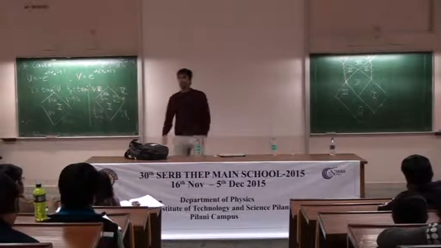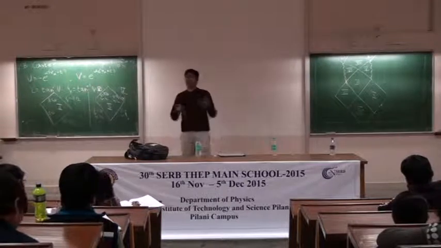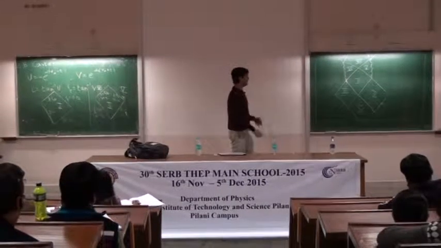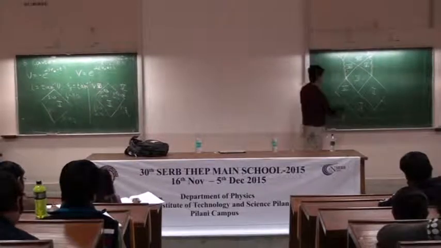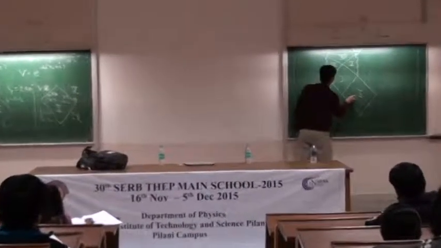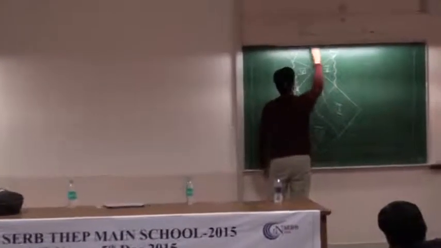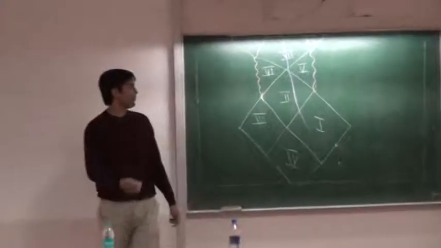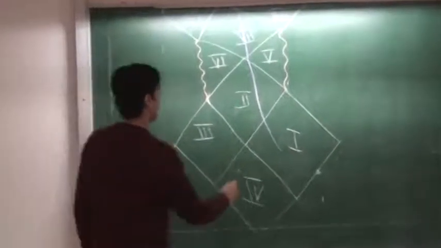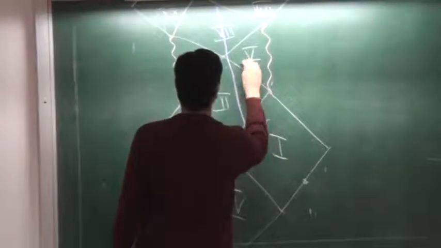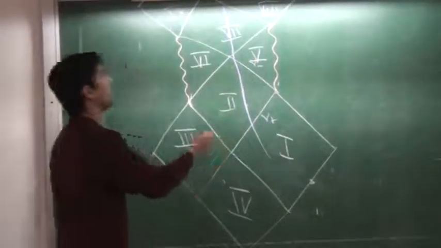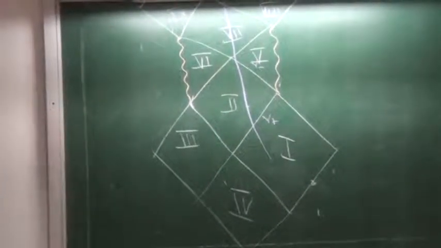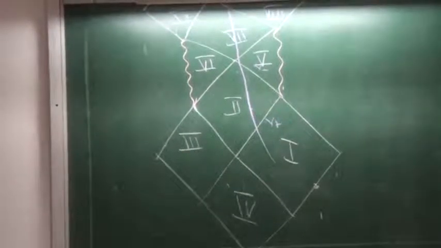Okay? So the Reissner-Nordström black hole has this extremely funny causal structure if you extend it maximally, which is that you have an observer, and the observer can follow some trajectory of this kind and can just keep going, jump into the horizon. This is the horizon r plus, this is the horizon r minus, okay? And you can just keep going higher and higher without ever hitting the singularity.